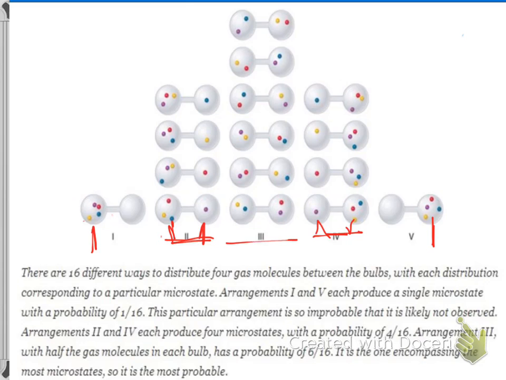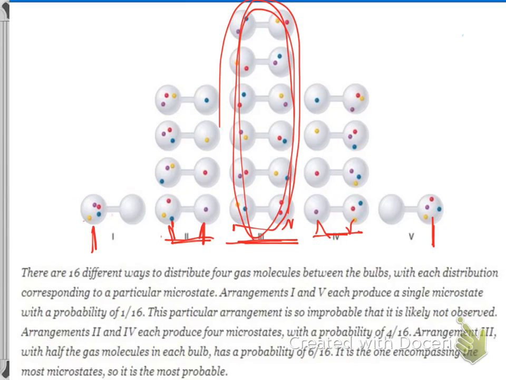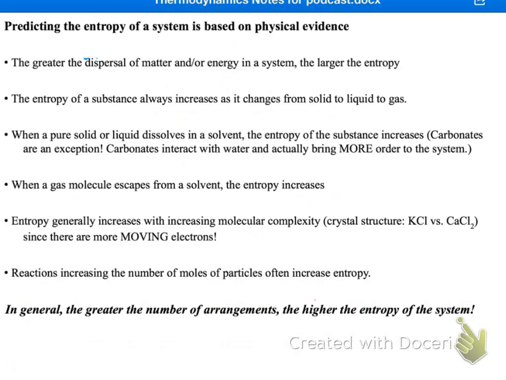But the thing that's most possible is that 2 will be in one bulb and 2 in the other. And there are lots of possibilities for how that arrangement occurs in terms of whether the red or the blue are together or the green and the yellow. Okay, so this is just an issue of probability. So what's most likely is the most disorder, the most spread out. Okay. All right, so that's the idea behind entropy.